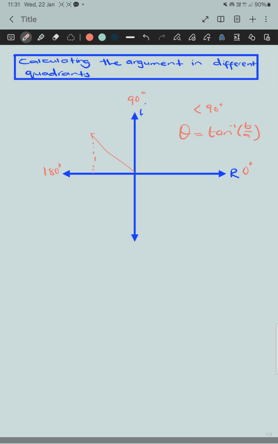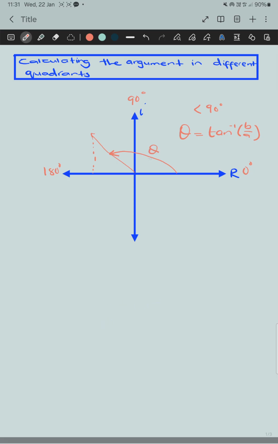My argument must still be from the positive axis, from my real axis on the positive side. So this will be my argument, my theta.